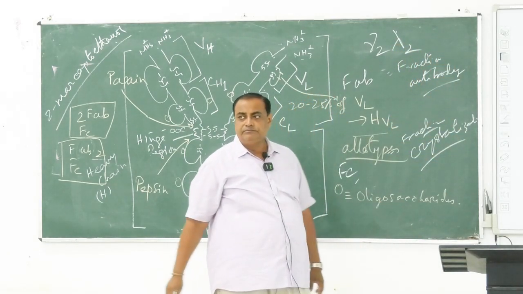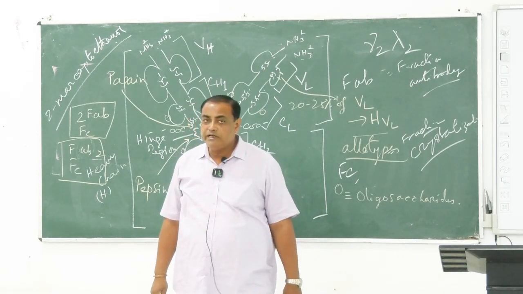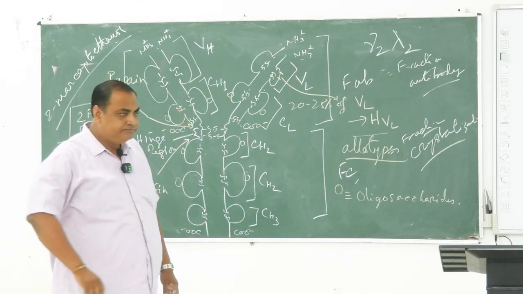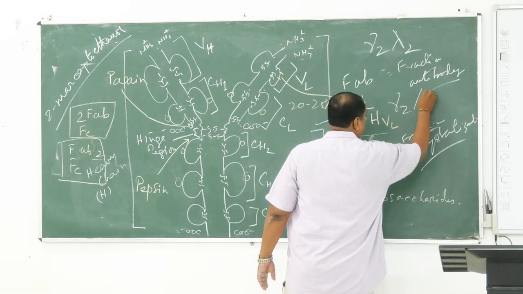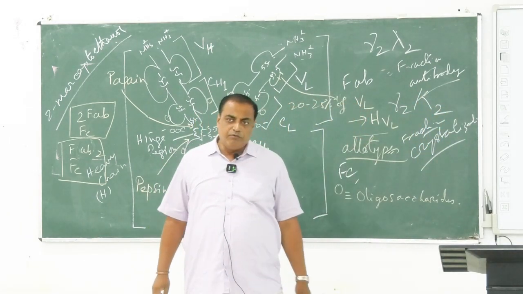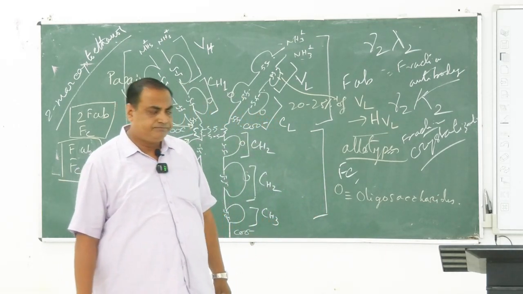Means what? IgG, which has both the light chains of lambda type. If it is gamma 2, kappa 2, then it is IgG with both the light chains of kappa type.